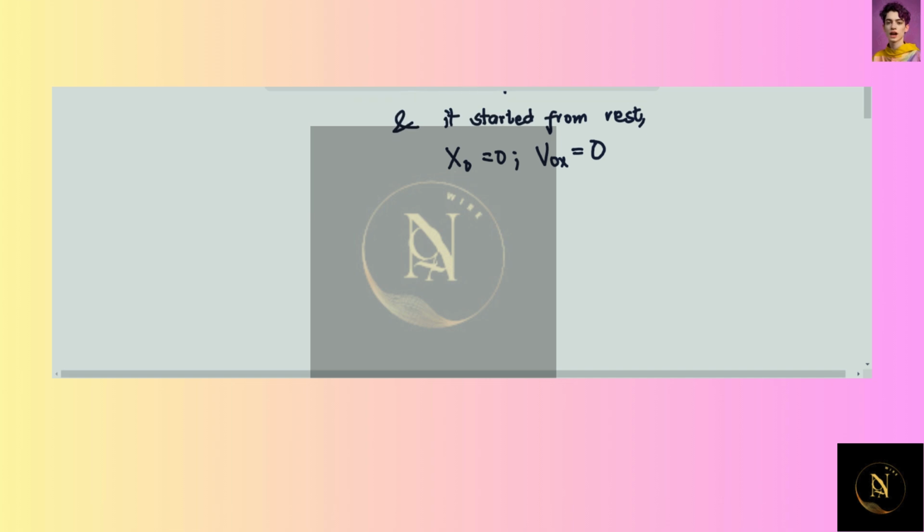Then the equation becomes x sub 1 is equal to 1/2 a sub x multiplied by t sub 1 squared.